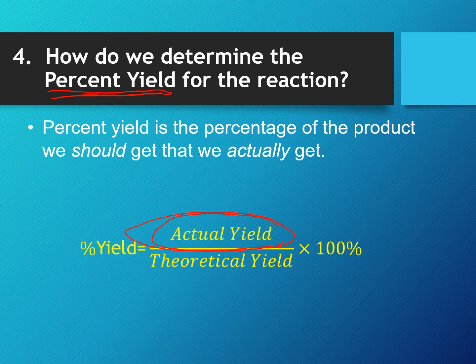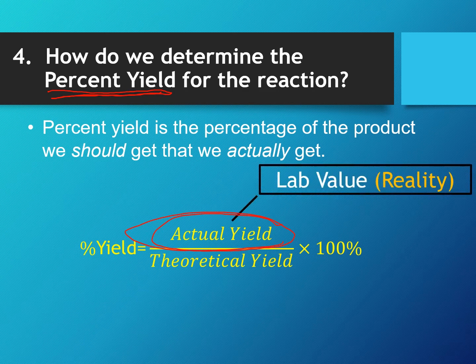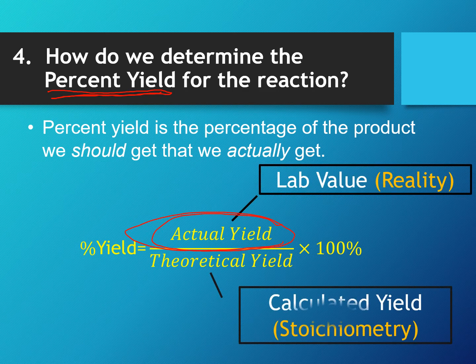And you need to pay attention to what that is, because the only other way is we'd have to go back in the lab and measure it ourselves. You need to identify, okay, that's the actual yield, and put that aside until the end. Most people look at it and then try to throw it into the calculations. It's like, no, think about the numbers. So the actual is the lab value. The theoretical is what we calculate.